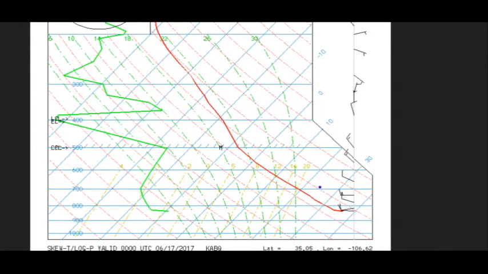So just off the surface, we've got dew points of about -18 Celsius, and that's going to be about 0 Fahrenheit.